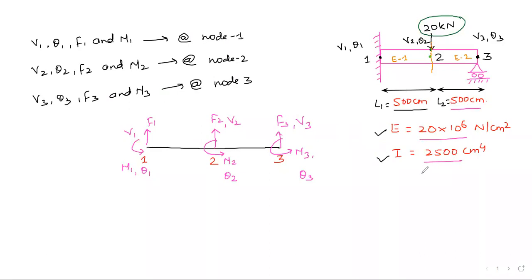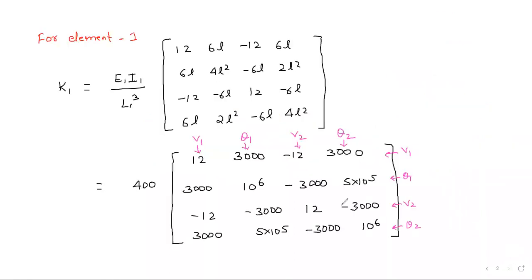So everything is the same, so we will get the identical stiffness matrix. Since we have already calculated it, I will directly write the K2 value for element number 2.